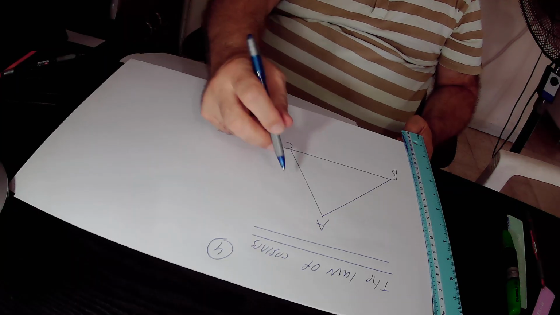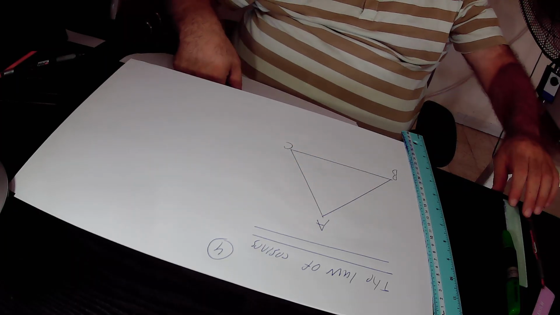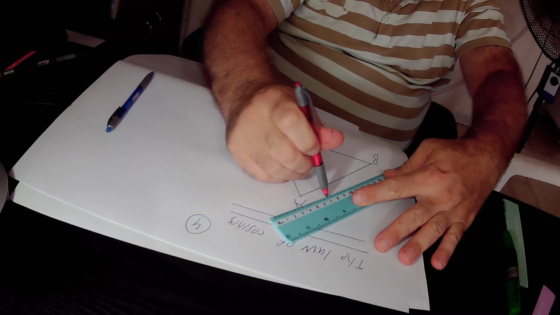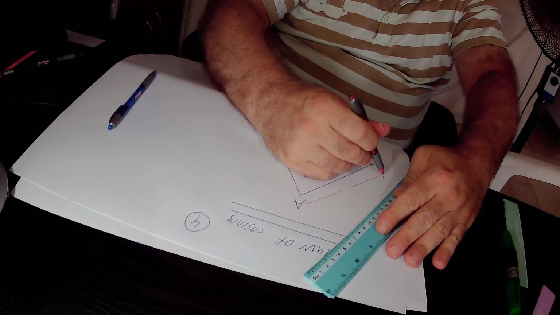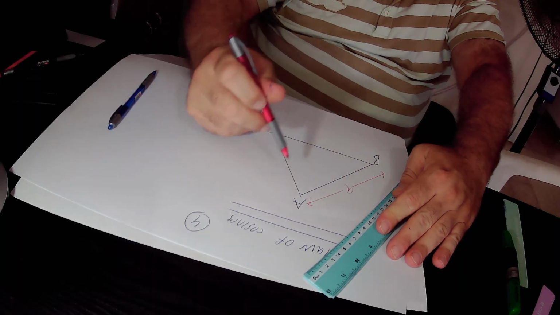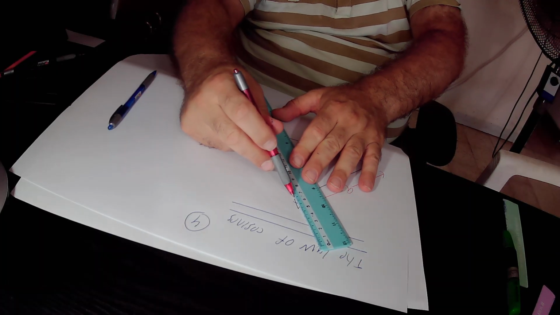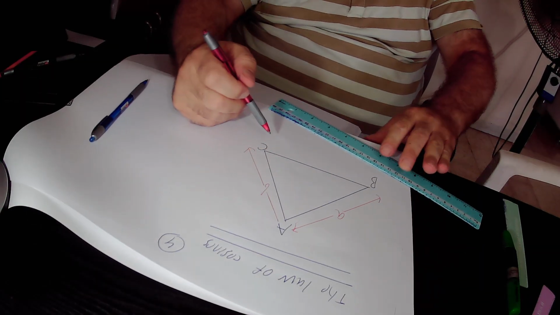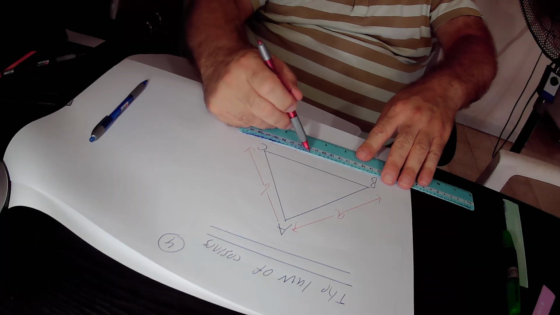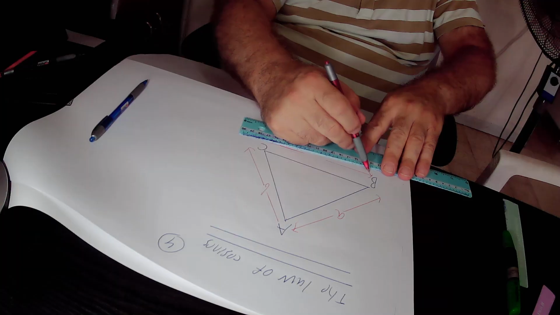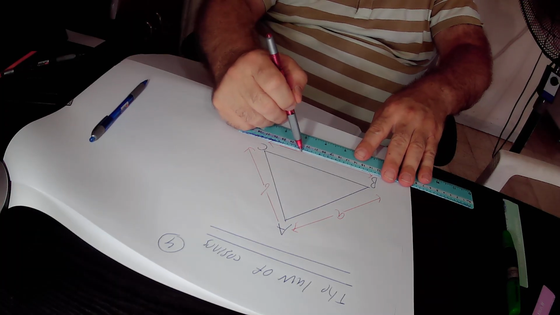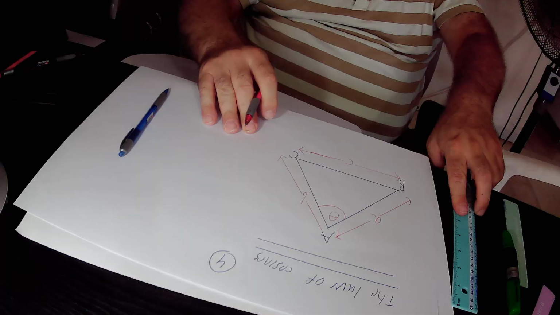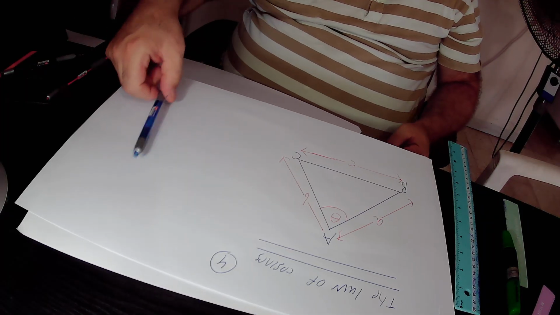In this triangle ABC, side AB equals A units in its length, side AC equals B units in its length, and side BC equals C units in its length. This is angle theta.